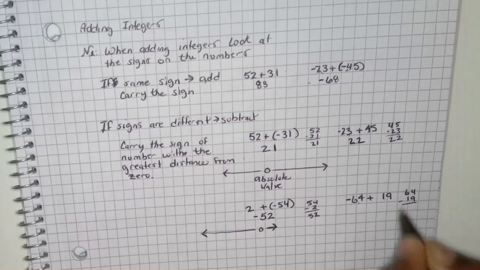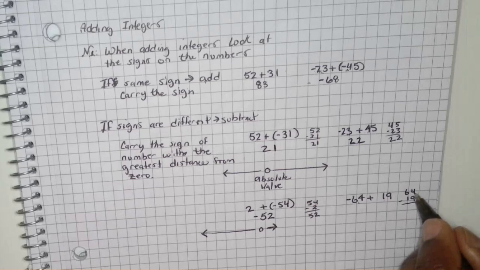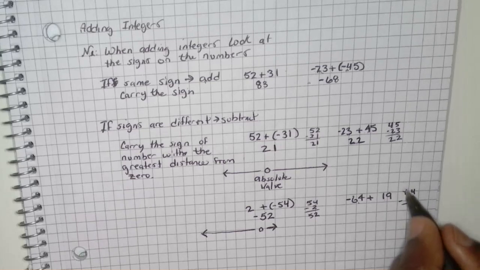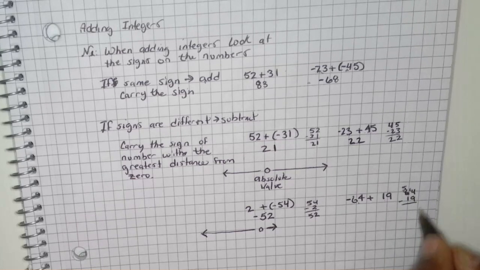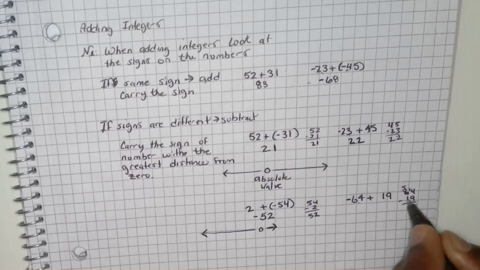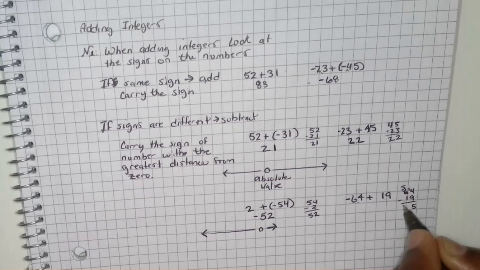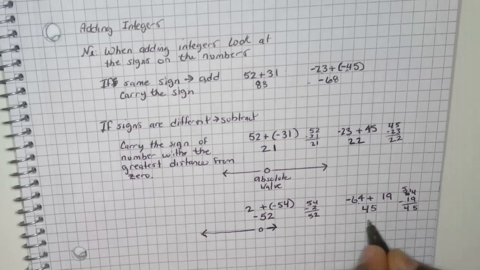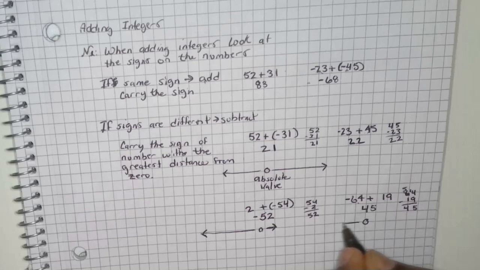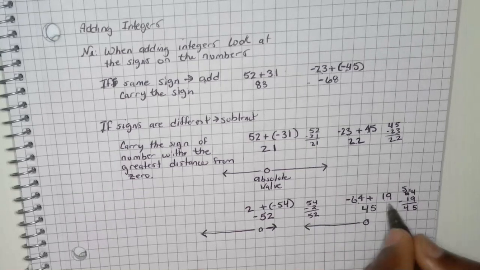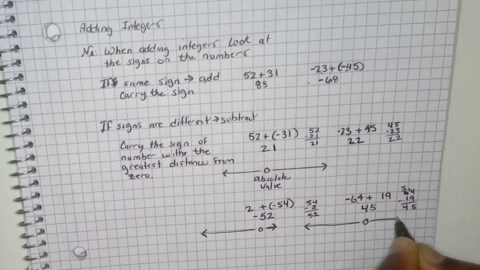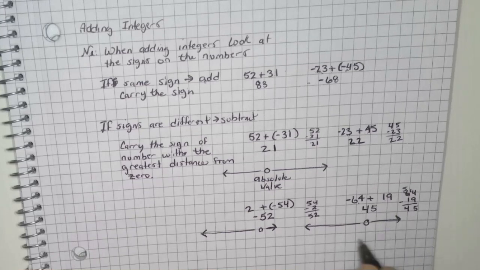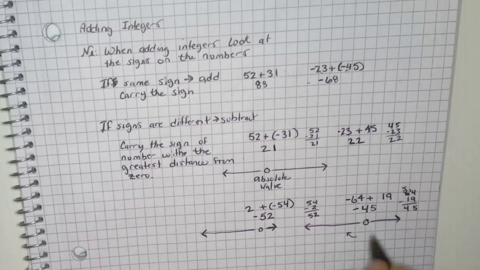Put the large one on top, subtract. We can't take 9 from 4, so we have to borrow from the 5. Now that's 14. Now that's 5. 1 from 5 is 4. And we get 45. So let's think about it. If this is 0, negative 64 is going to the left. So that is a long distance. 19 is not that long of a distance to the right. So who has the longer distance from 0? The negative side. That's why it would be a negative 45.